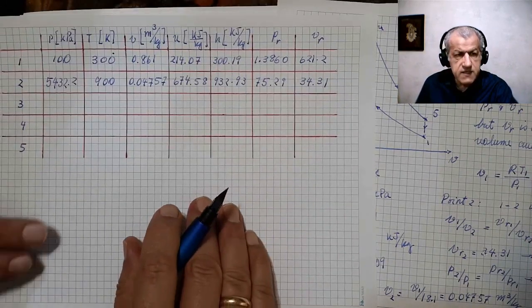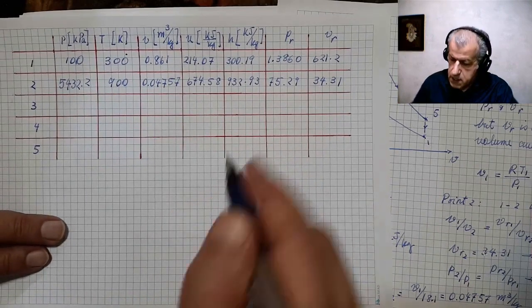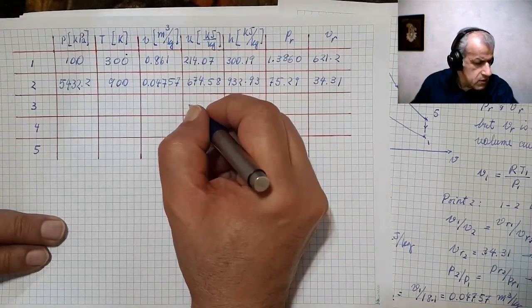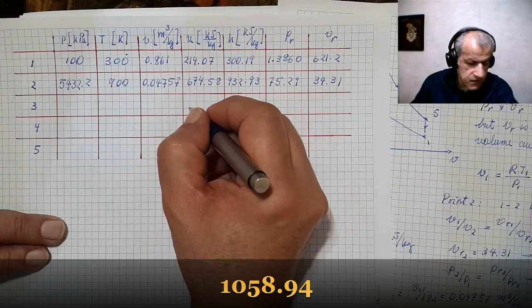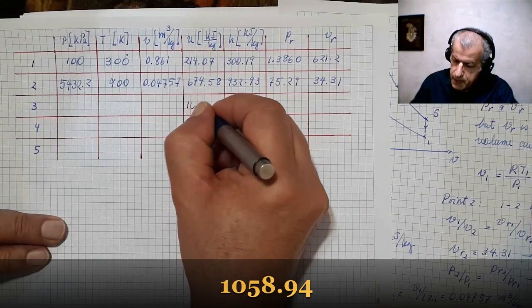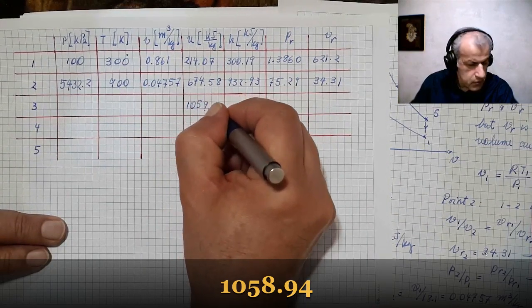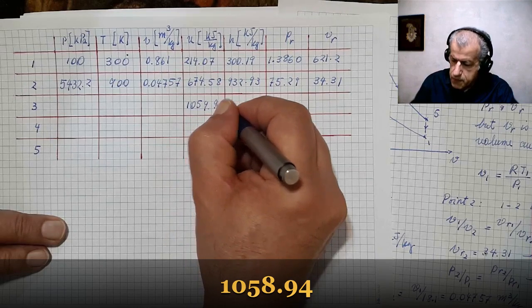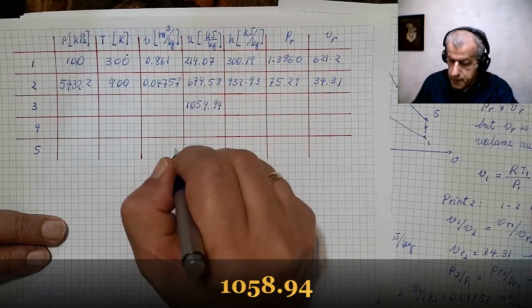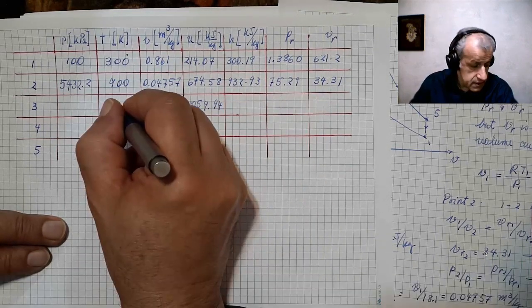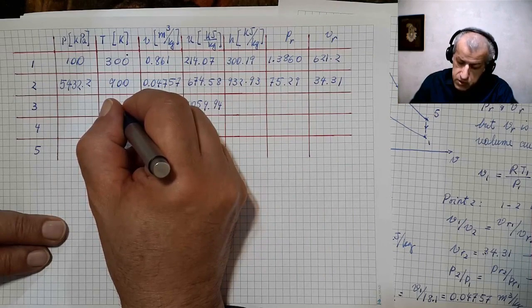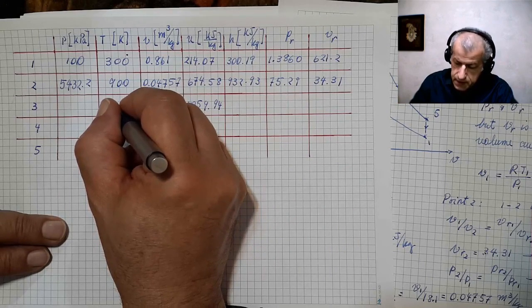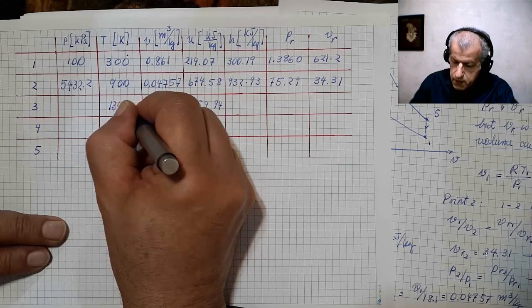So let's fill in U3 in our table, which is 1054.94, and therefore we would have first the temperature for point 3, which is 1340.